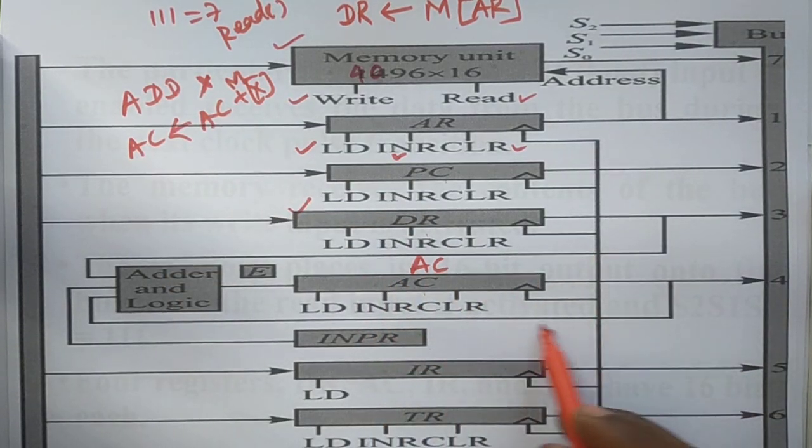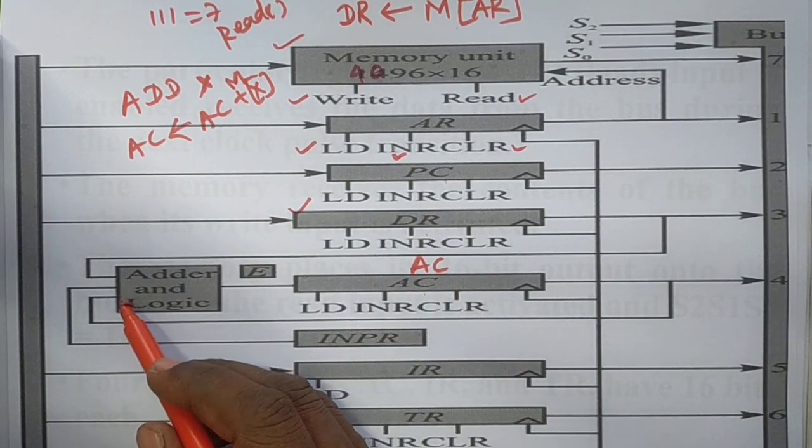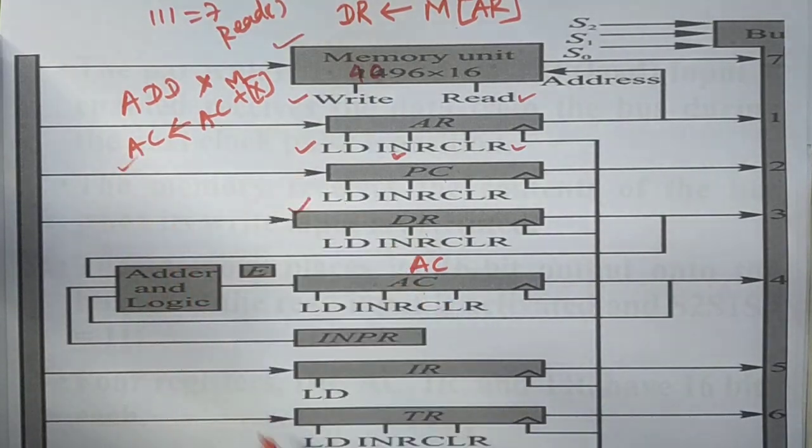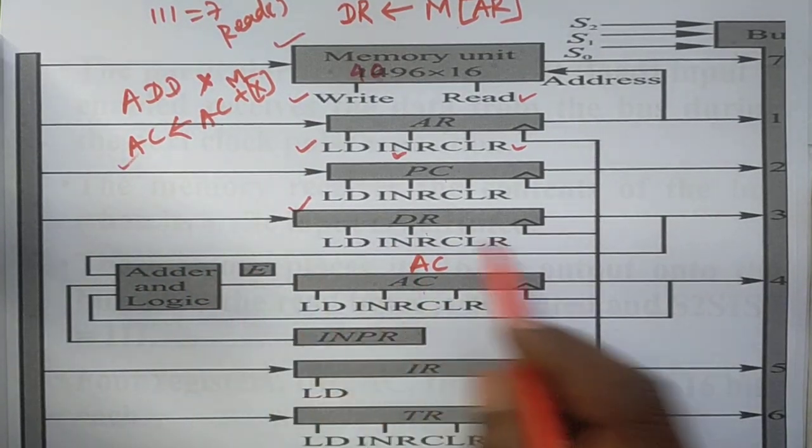In this way it operates for a particular category of instruction. So this is one kind of example.